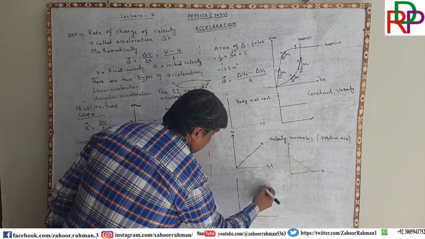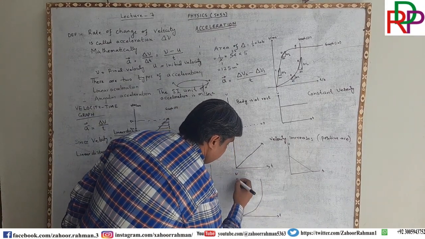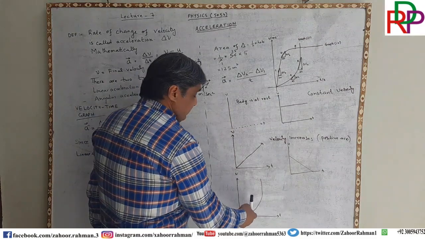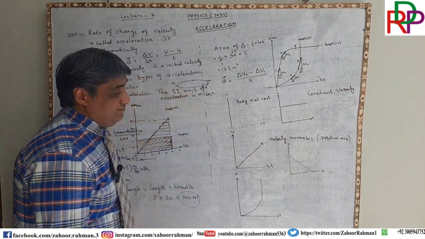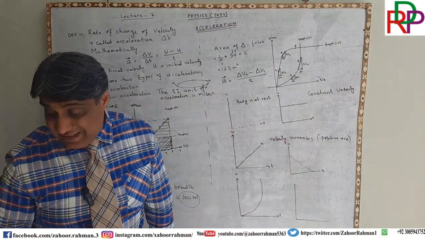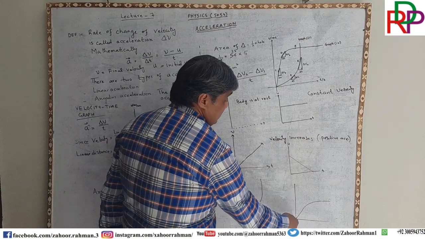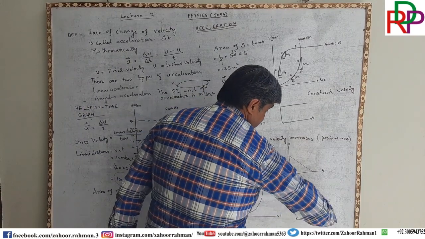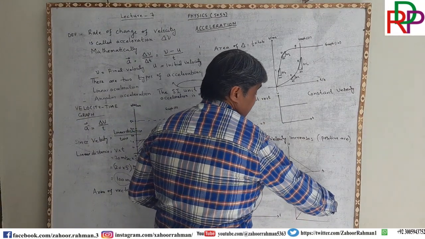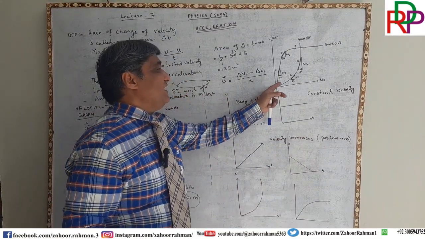Now in this case, if the graph is like this, velocity against time, velocity is increasing and acceleration is increasing. But if it is like this, velocity is increasing while the acceleration is decreasing, because there is a change in velocity.